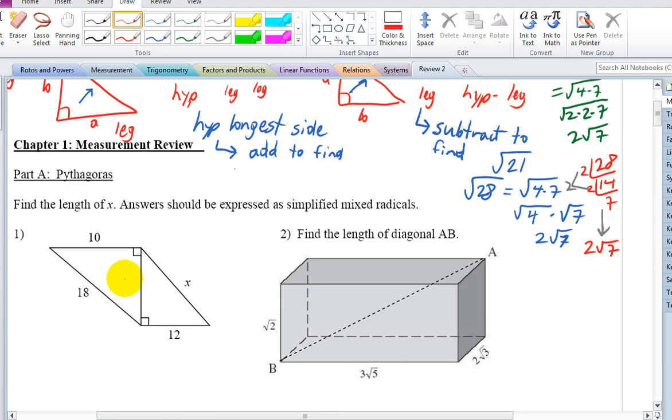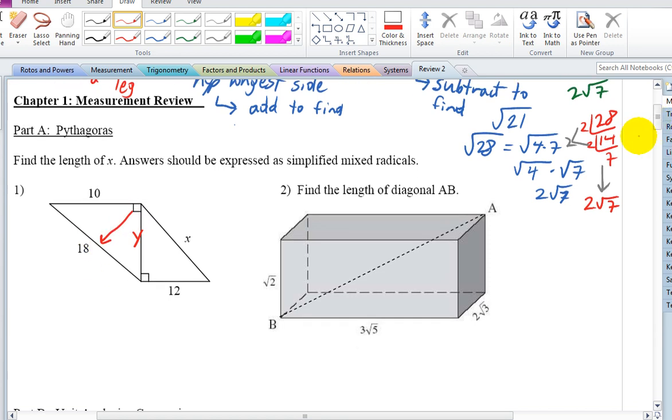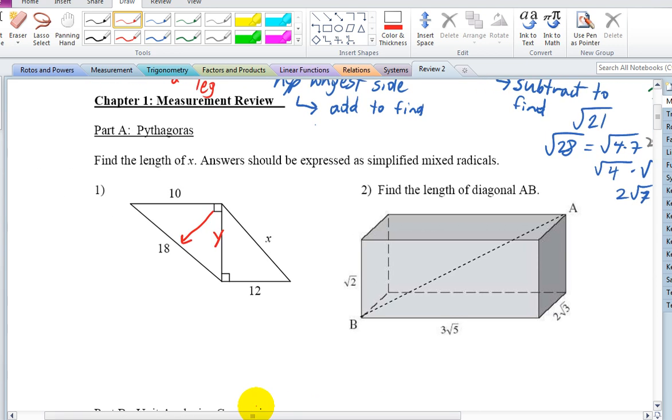In order to find x, you got to find y first. Go ahead, find y. Keep in mind your longest side is 18, so don't make something bigger. So what does y squared equal? 18 squared minus 10 squared.